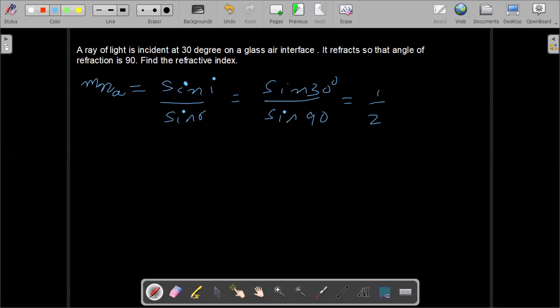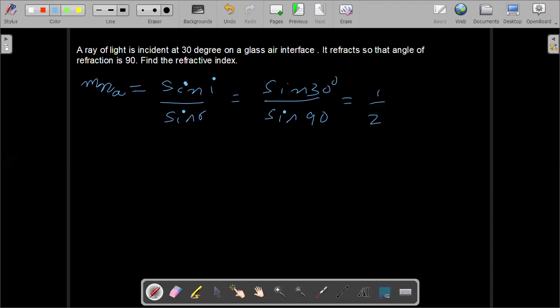Can anyone tell when Snell's law is not applicable? Sir, when the angle of incidence is equal to 0.